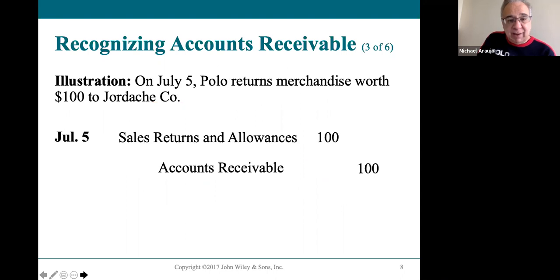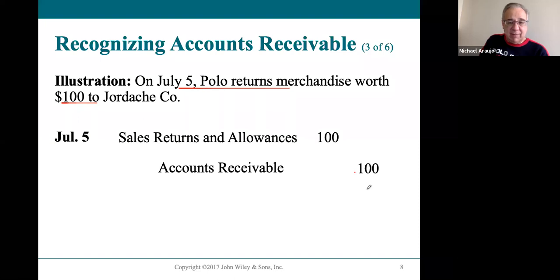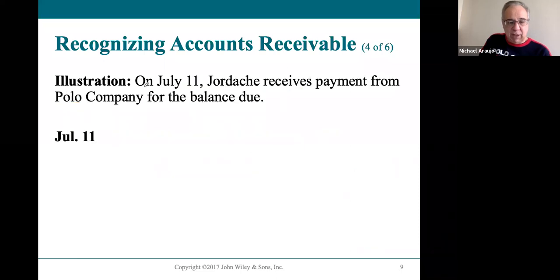So a few days later, they return stuff. Polo returned something, so now you have less receivables. Instead of $1,000 of receivables, it's now $900 because they returned $100 of the $1,000 sale. And then they paid for it within that 10-day period. So in other words, they're not going to pay the full $900.